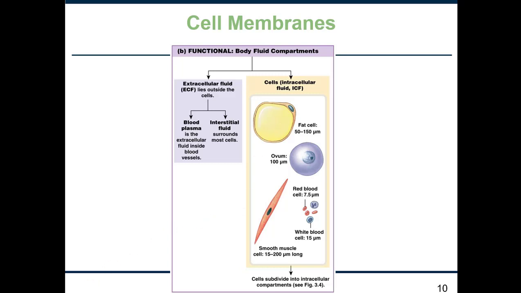So let's talk about some of the functions of the cell membrane itself. All right, so some of the functions include, first of all, the cell membrane helps to physically isolate the cell.